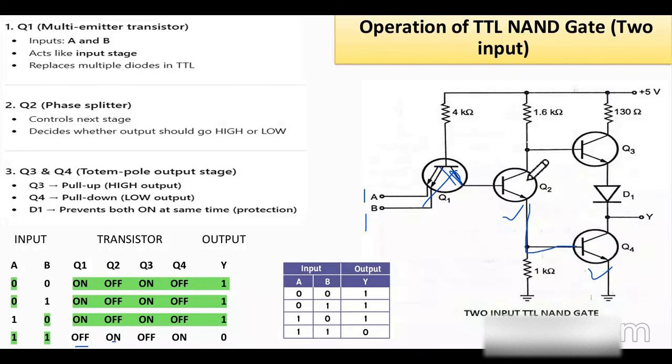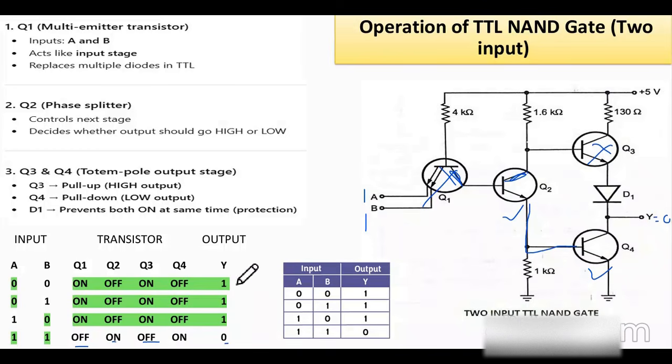And as this is on, the collector voltage of this Q2 is very low, so Q3 is in the off condition, and the supply is not getting, so Y is equal to 0. That output you will get here, the 0.